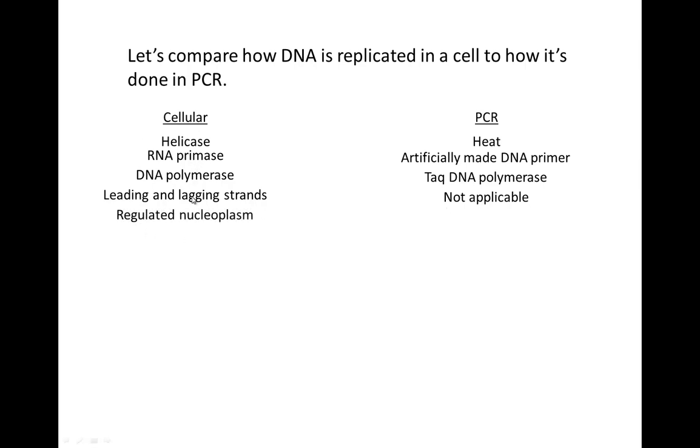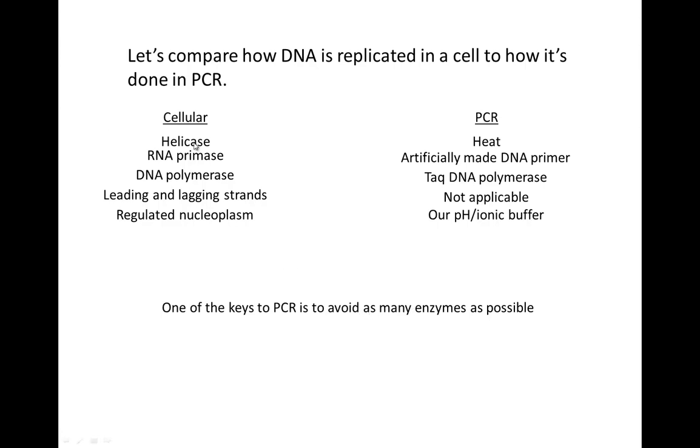Inside a nucleus is a very specialized environment. That cytoplasm inside the nucleus, or nucleoplasm, has a carefully regulated pH and ionic concentration and other attributes. We mimic those with an artificial pH and ionic buffer. The key to PCR is to use as few enzymes as possible.